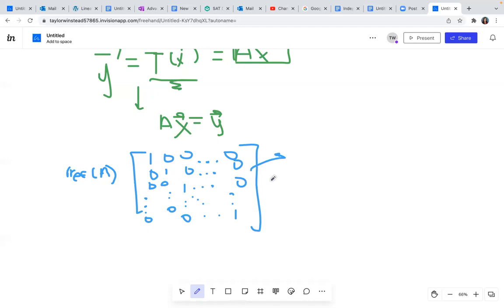Well, what they've said is that this solution is only invertible if the linear system has a unique solution x for every single y, right? Well, what this means is that there's got to be one and exactly one solution for every single y.